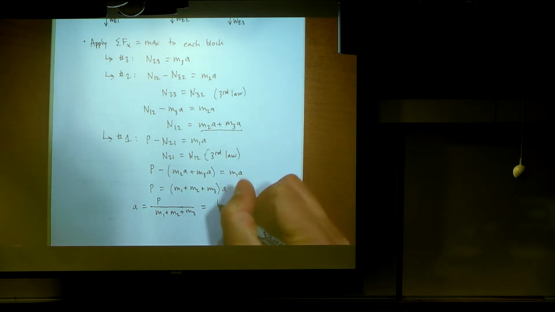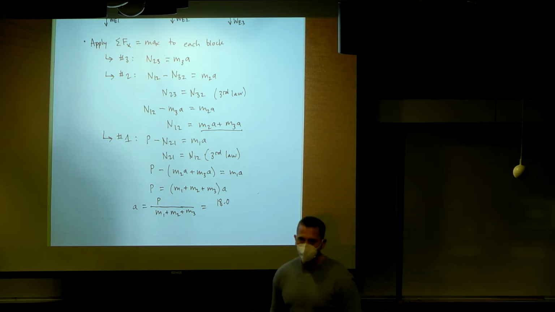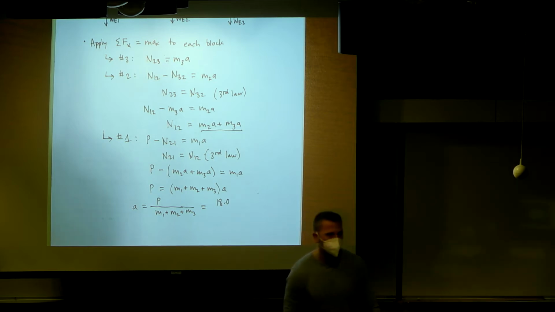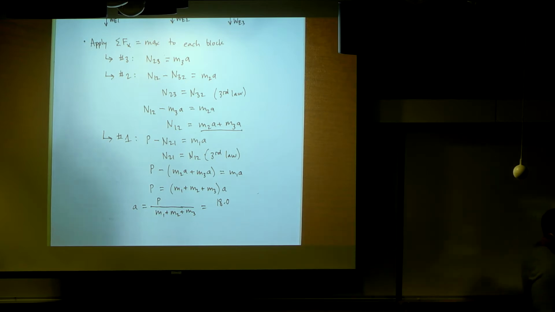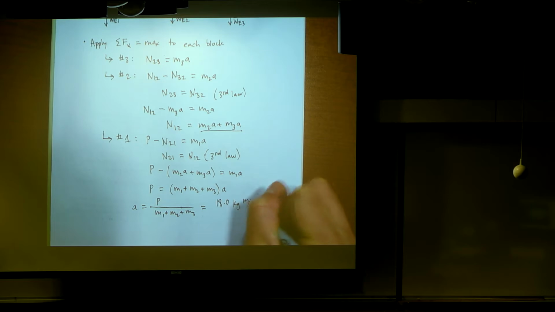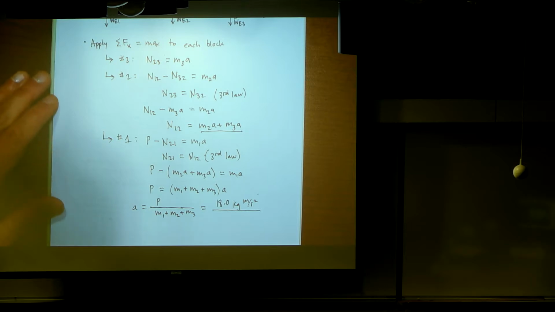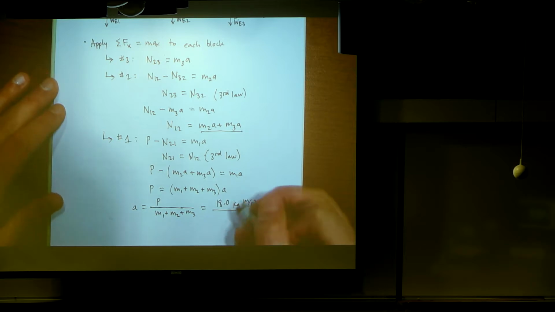The push force was 18 newtons. Do you guys remember what the equivalent unit for a newton is in terms of smaller units? Kilograms meters per second squared. Yes, kilogram meter per second squared. So now I'll express it as 18 kilograms meters per second squared, and divide by the masses all added together.